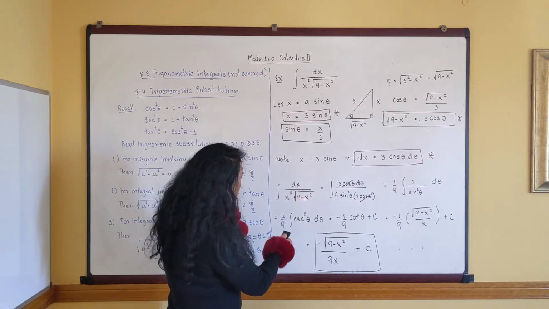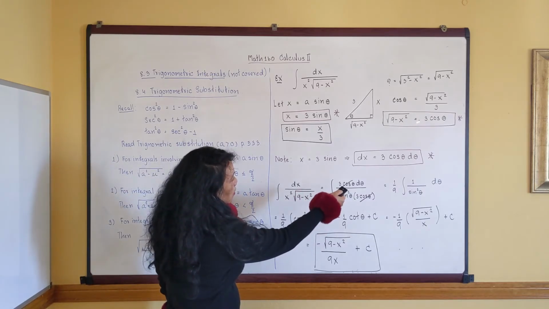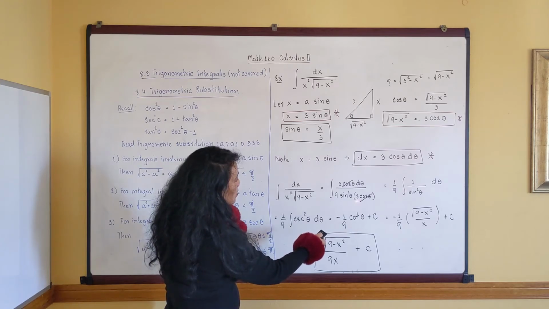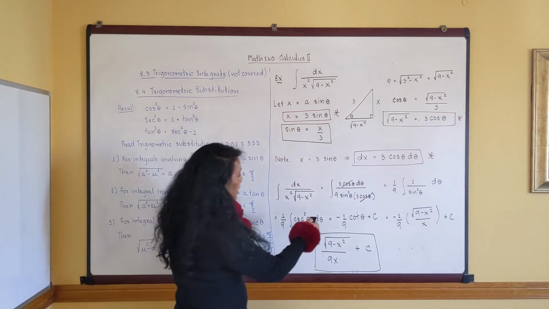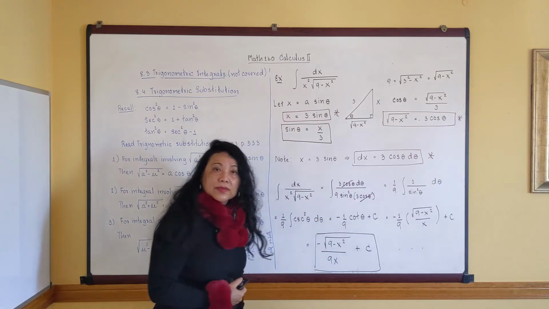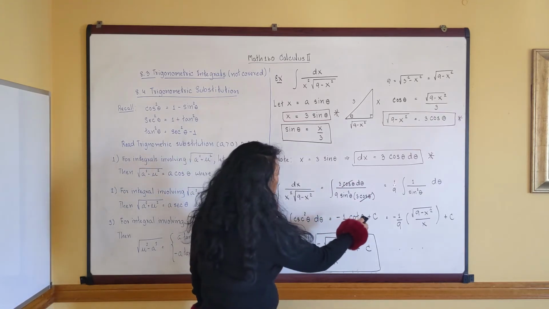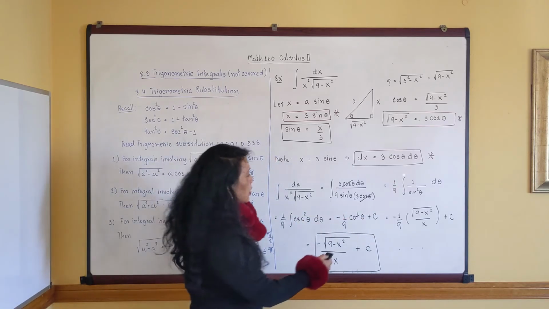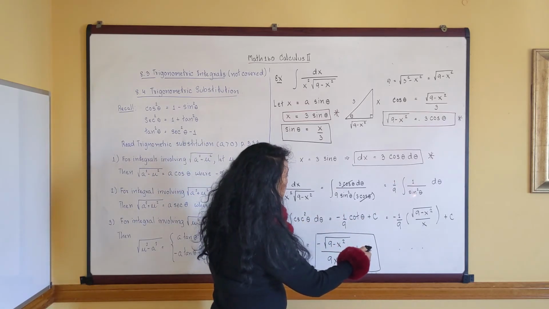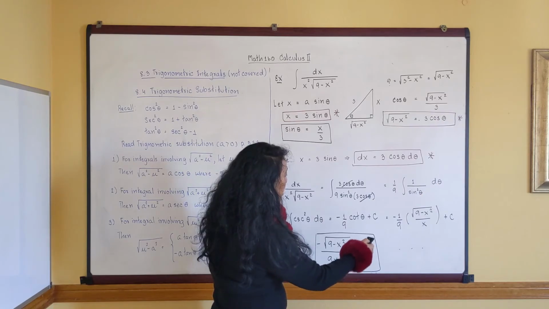The square root of 9 minus x squared I already solved, so I'll just put it here. Next step, I cancel 3 cosine theta, then I pull out the 1/9. So you're left with the integral of 1 over sine squared theta d theta.